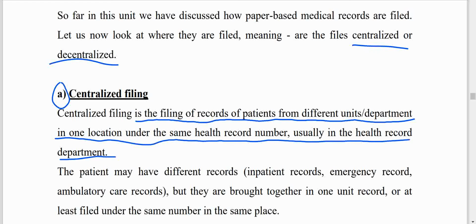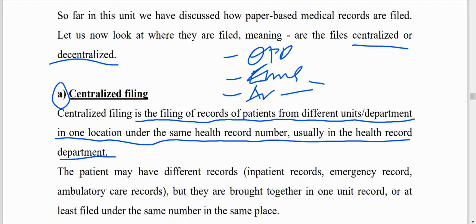That is when, for example, we have a patient called Mr. Wang, and Mr. Wang was seen or treated at OPD. Mr. Wang was as well treated at the emergency department. Mr. Wang was as well treated at the heart clinic.